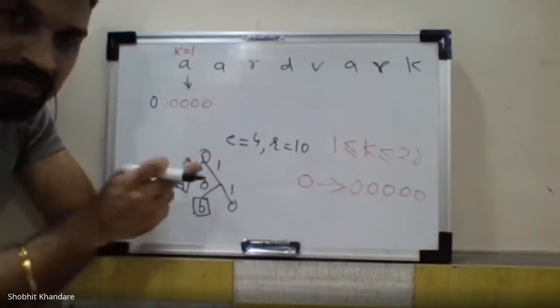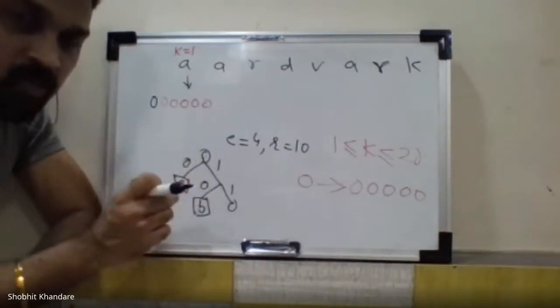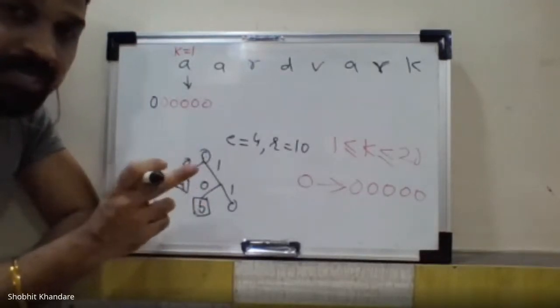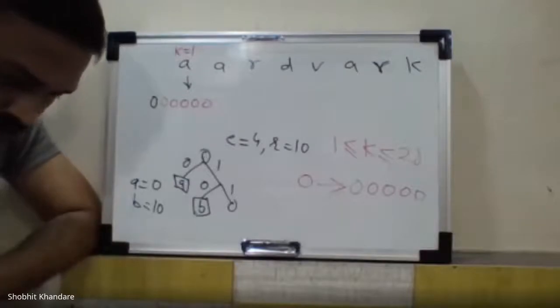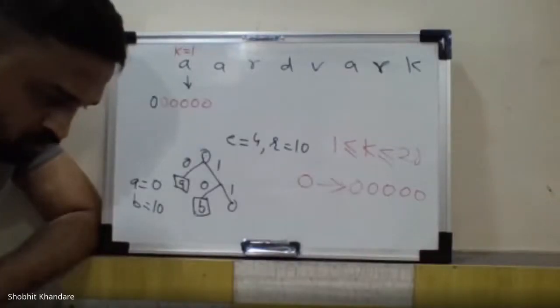Similarly, by looking at the final tree diagram, I'm asking you, tell me the code for second A. Sir, 110. No. You see the tree diagram properly?